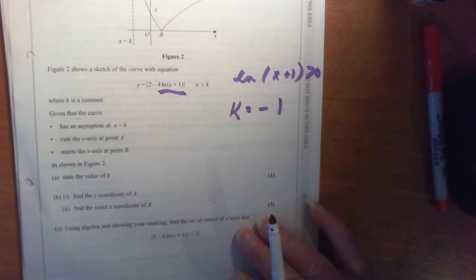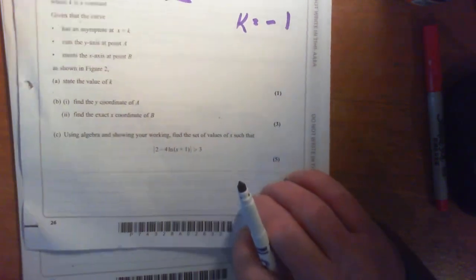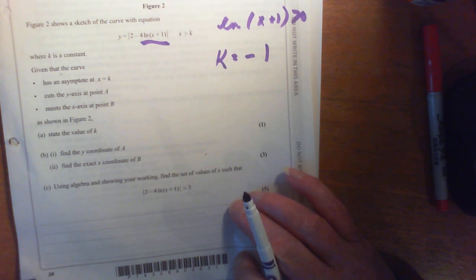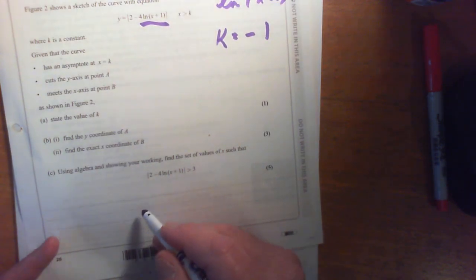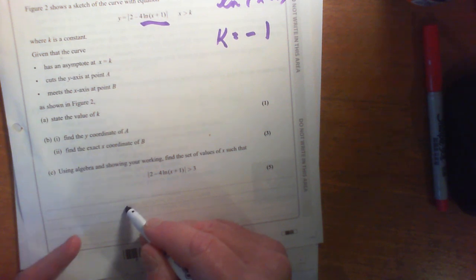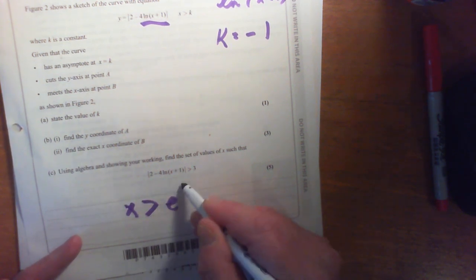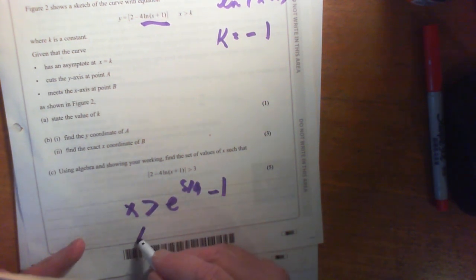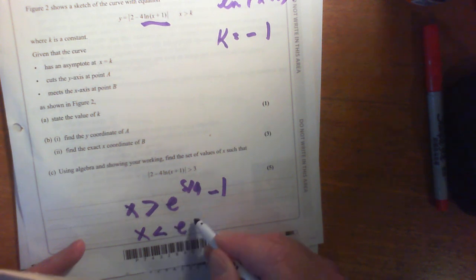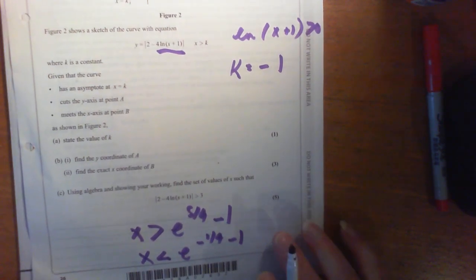The one thing I need to just notice here in passing is that, well, I will put it down in full actually. x is greater than e to the minus a quarter, minus 1, and x is less than e to the minus a quarter, minus 1.